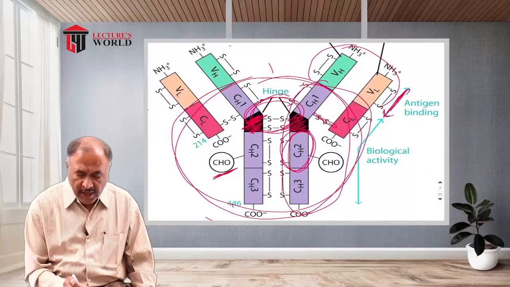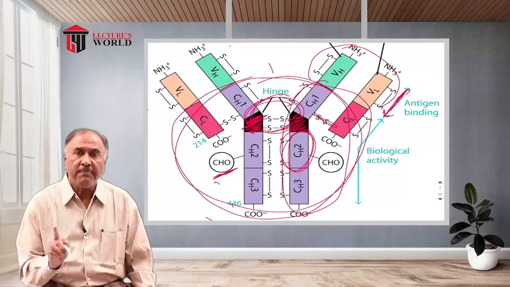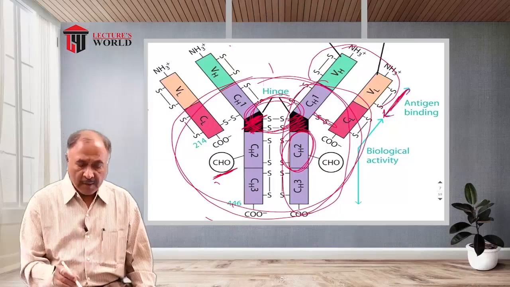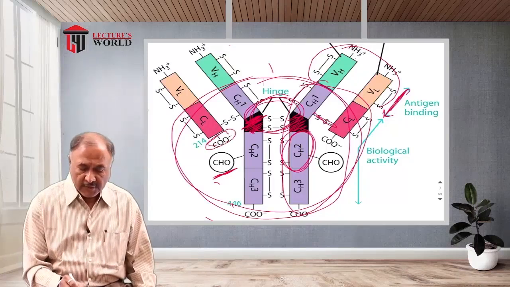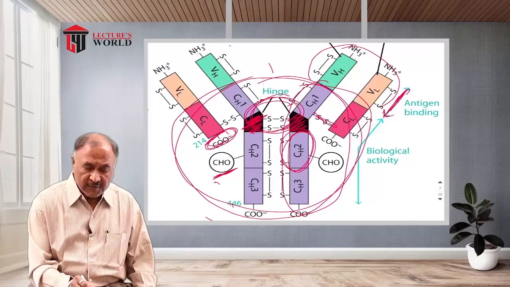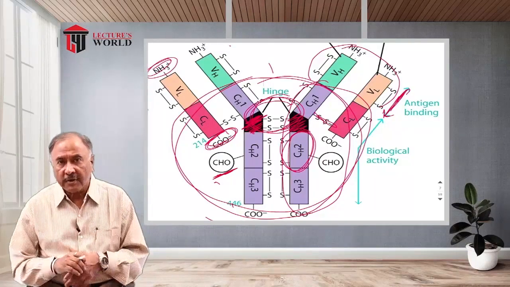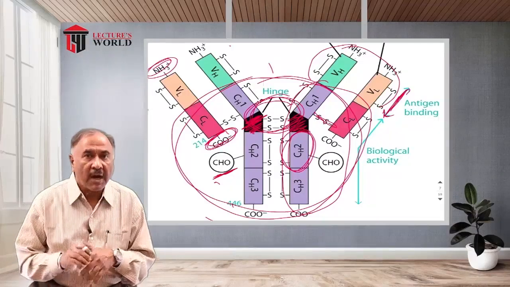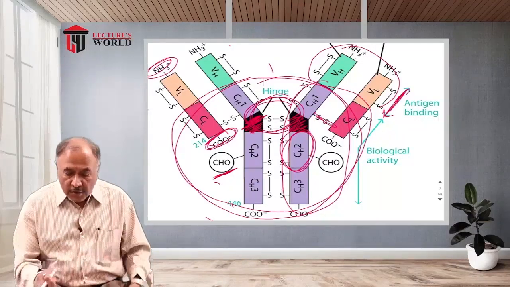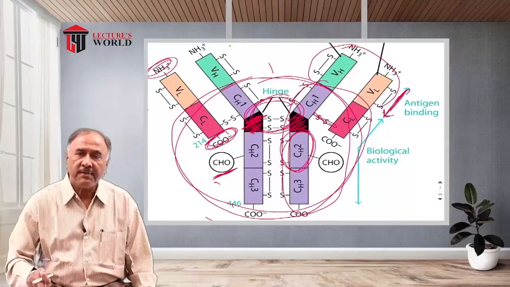See, CHO. CHO group means sugar groups. This is COOH, that is the C terminal. This is the N terminal. So whenever an antibody structure is asked in exams, you should exactly remember this diagram.